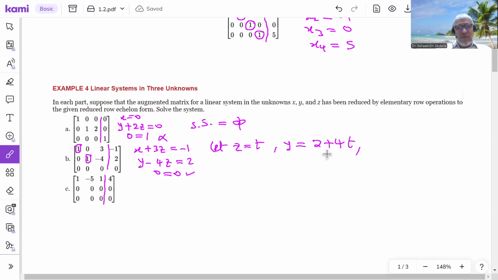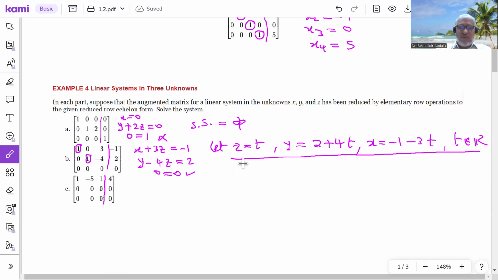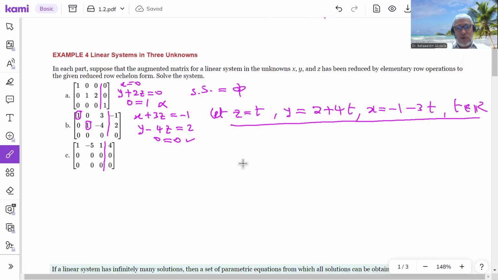From the first equation, I can solve for x. x would be -1. If you take 3z to the other side, it will be minus 3z, but z is t. And finally, t is any real number. So these are the parametric equations of the system because it has infinitely many solutions.